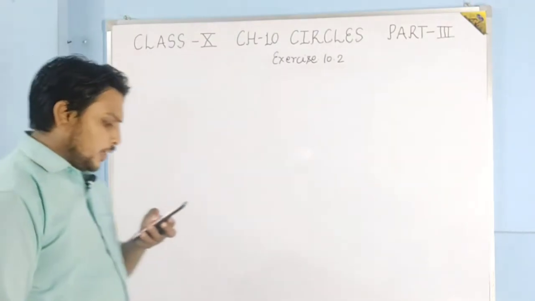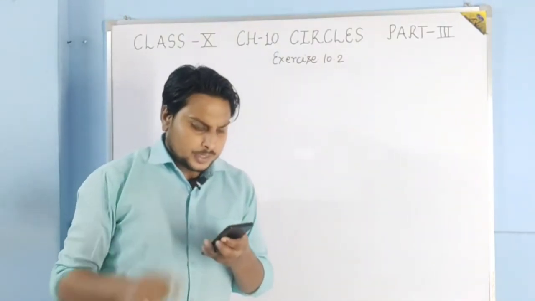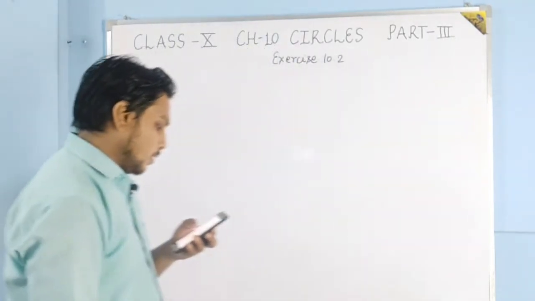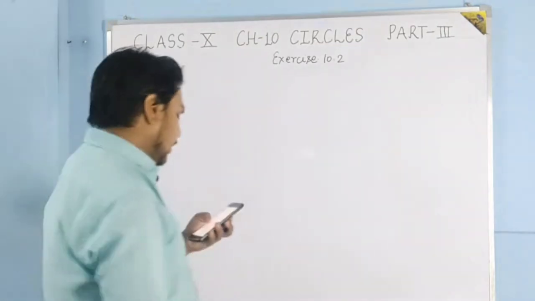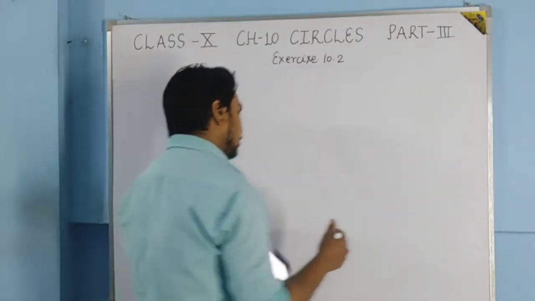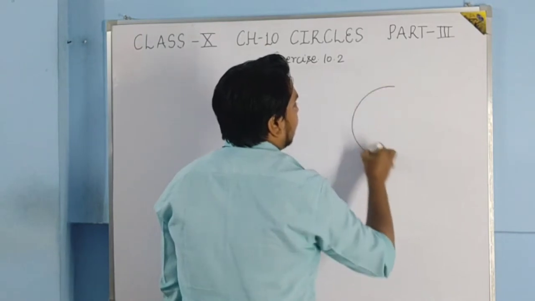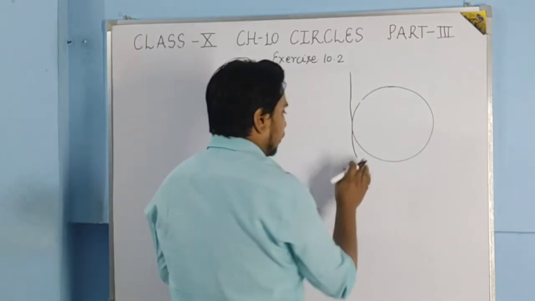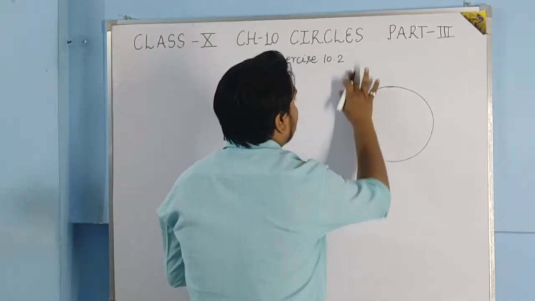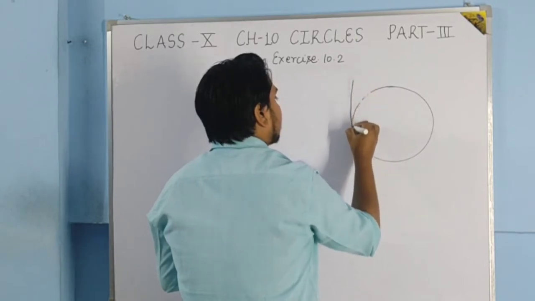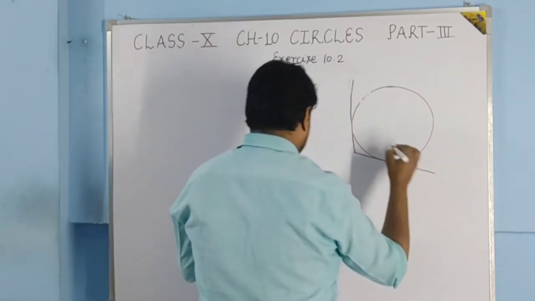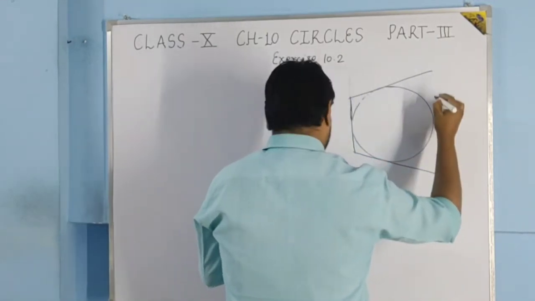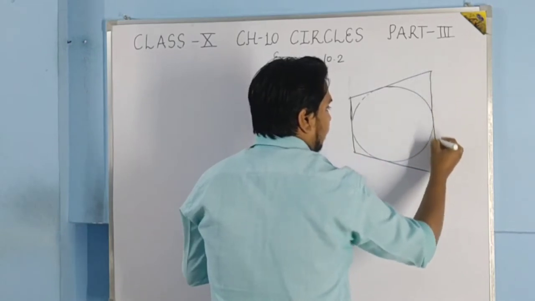Coming to question number 8: a quadrilateral ABCD is drawn to circumscribe a circle. One figure is also given. Prove that AB plus CD is equal to AD plus BC. So students, one quadrilateral is given, like this.